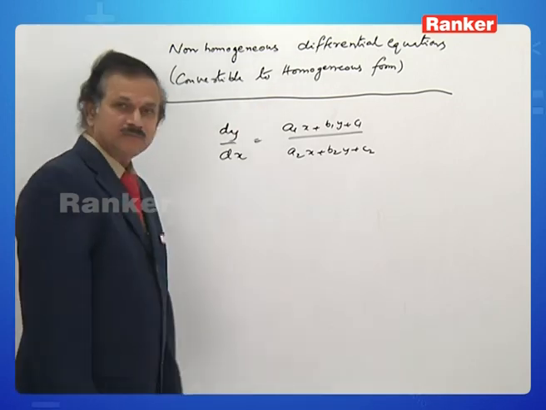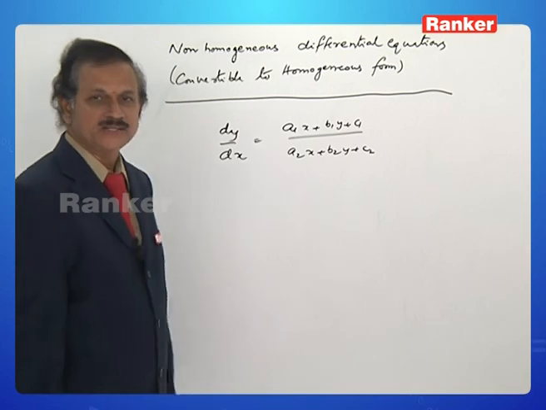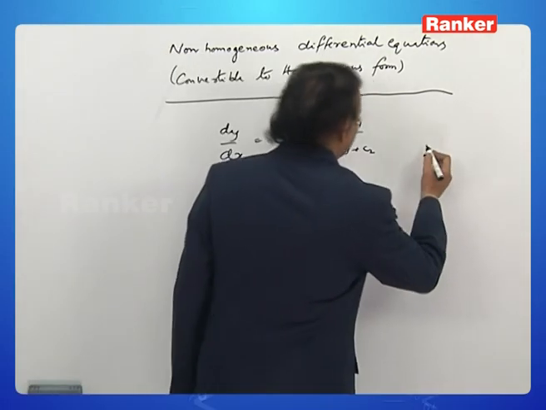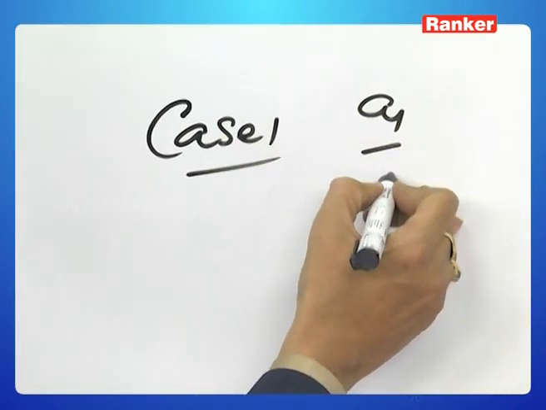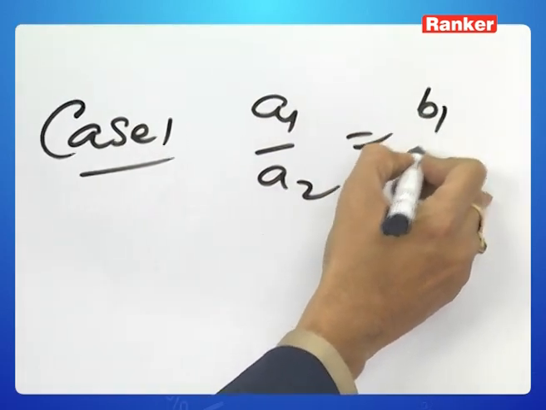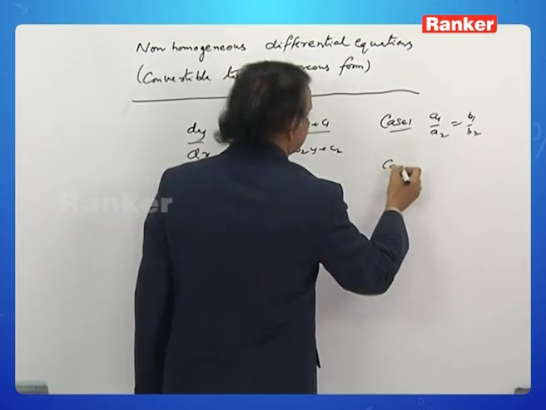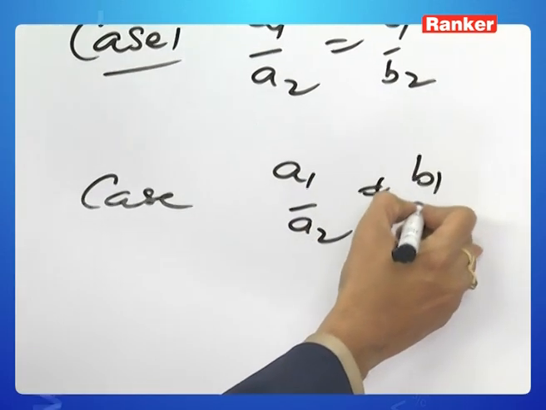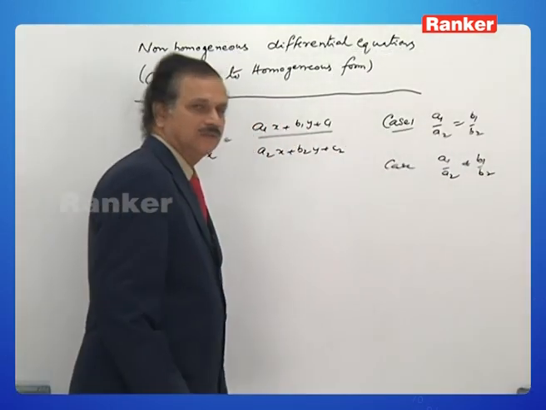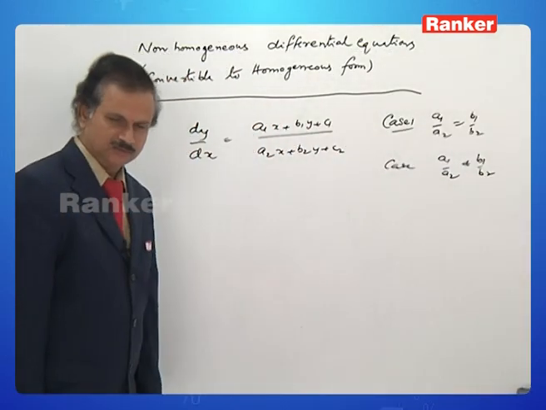Well, my dear, even in this form, there are two cases. That is, case 1, a1 by a2 is equal to b1 by b2, and case 2, a1 by a2 is not equal to b1 by b2. There are two different cases.